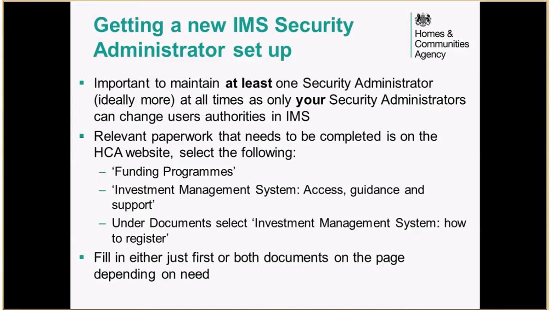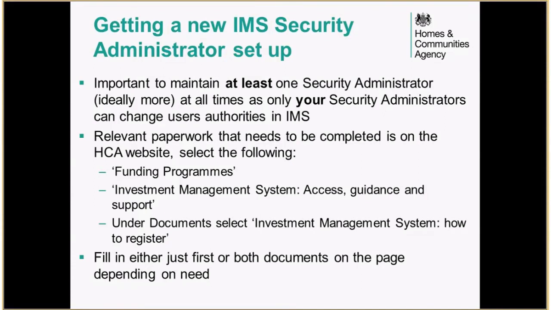Then under Documents, you would select Investment Management System, How to Register. On that page, there are two documents, and you would either fill in just the first of those to register new security administrators, or if you needed to, you can also fill in a form to change your authorised signatory.